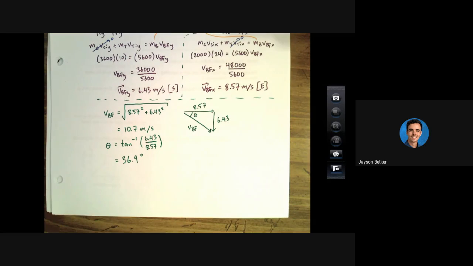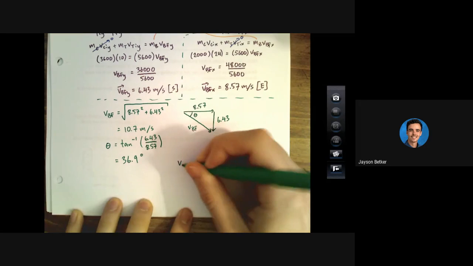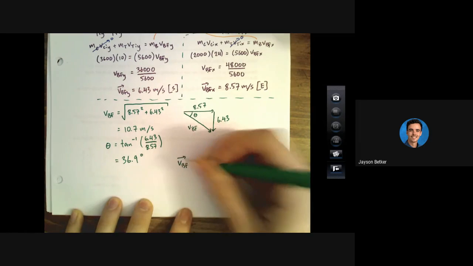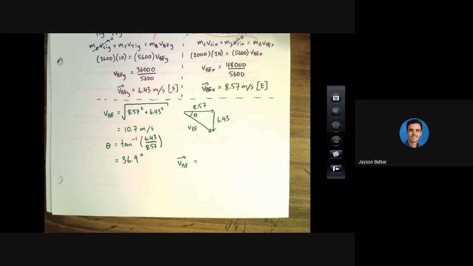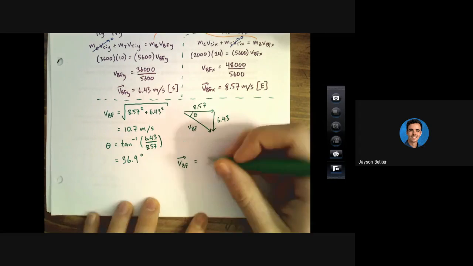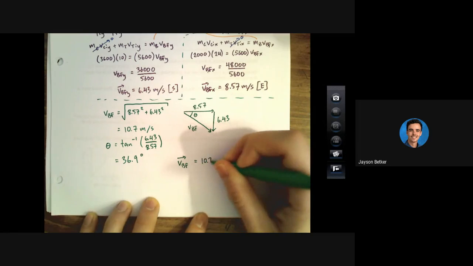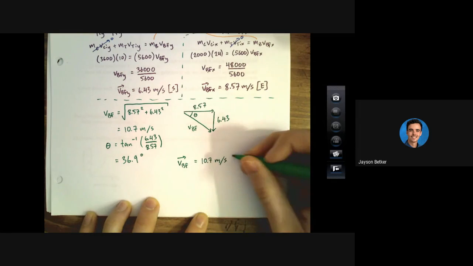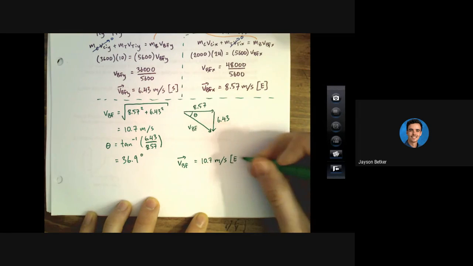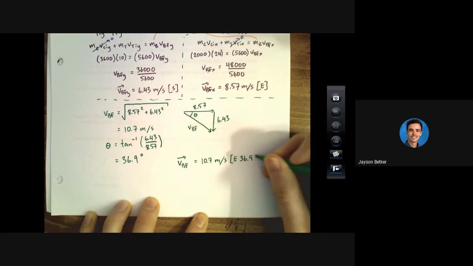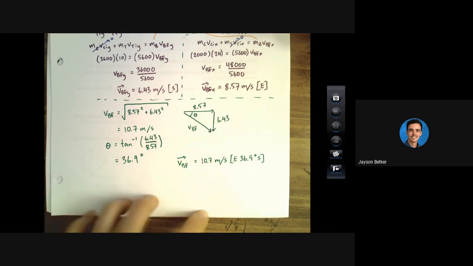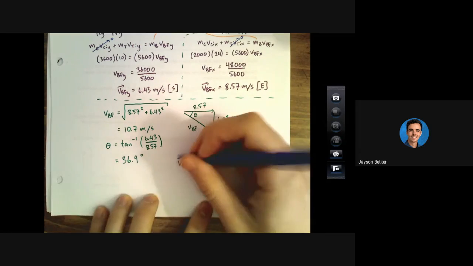So writing it all together, VBF in the end is 10.7 meters per second, east, 36.9 degrees south. So that's our final answer.